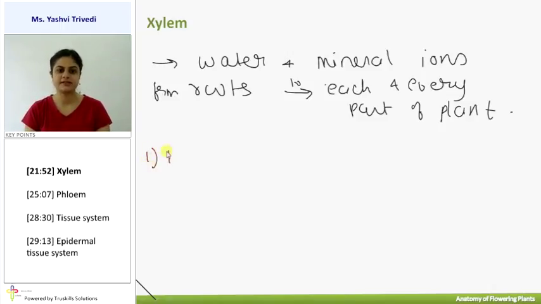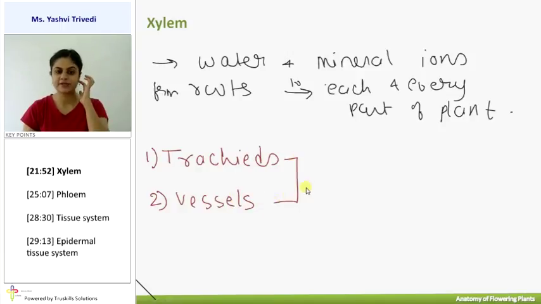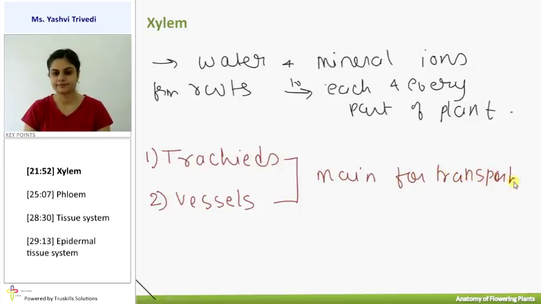The first two are tracheids and vessels. Now both these components are said to be the main component for transporting water. Out of all four, the main component used for the transportation of water is tracheids and vessels.